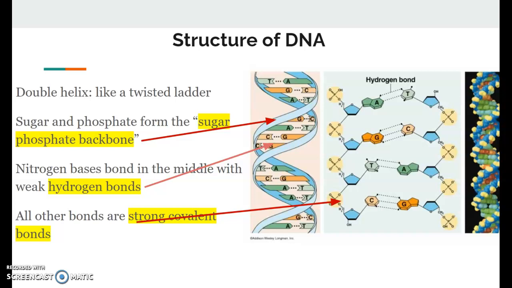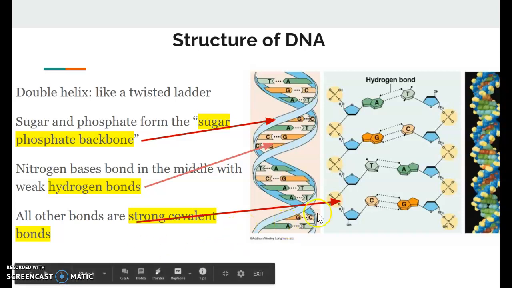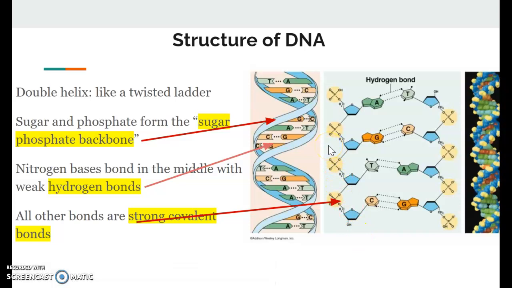The nitrogen bases bond in the middle with weak hydrogen bonds, and it is very important that these bonds are weak. And I'm not gonna say why just yet, but I want you guys to be thinking about that. Why is it necessary that the bonds that hold DNA together in the middle are weak? Every other bond is a strong covalent bond, and if you guys remember earlier in the quarter, we talked about different types of bonds.